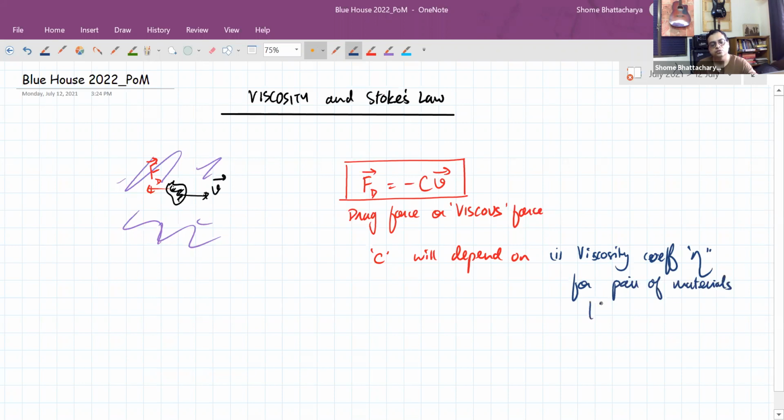That is, the fluid in which the solid is moving, what fluid that is basically, and the solid object which is moving inside the fluid. And it also depends on the size and shape of the object.